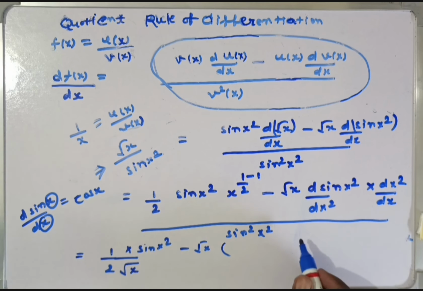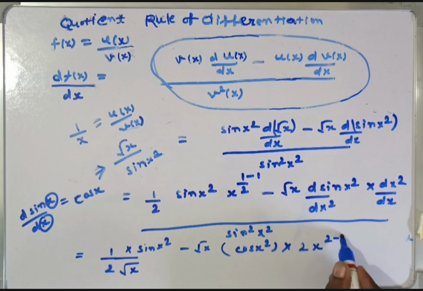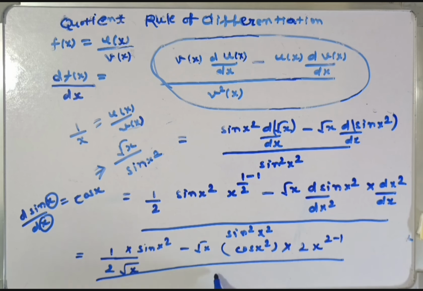So we write cos x square, then into the power 2 of x square, which is 2 times x, and 2 minus 1, then we divide the whole numerator by sine square x square.